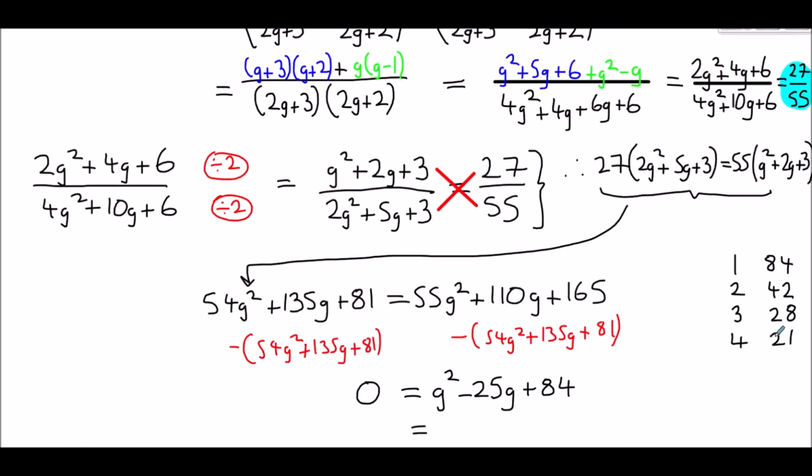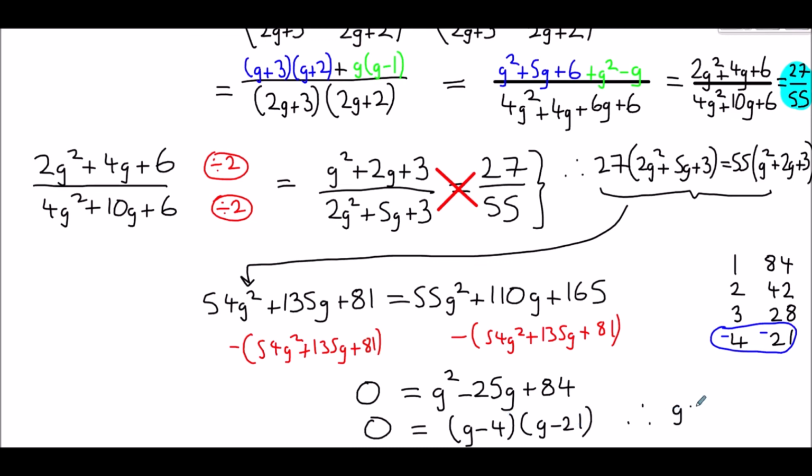Well, if I make both of those minus, that'll actually work, won't it? If I make both of these negative, I've factorised it. Bingo! So this will factorise into g minus 4 and g minus 21. So 0 equals that or that.